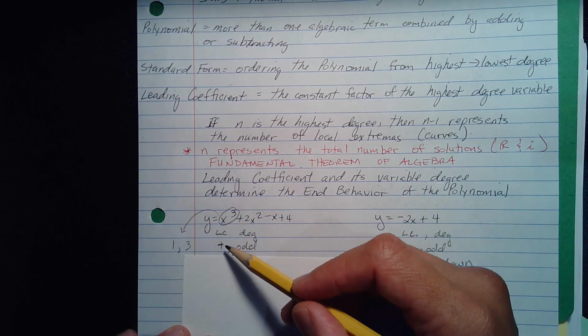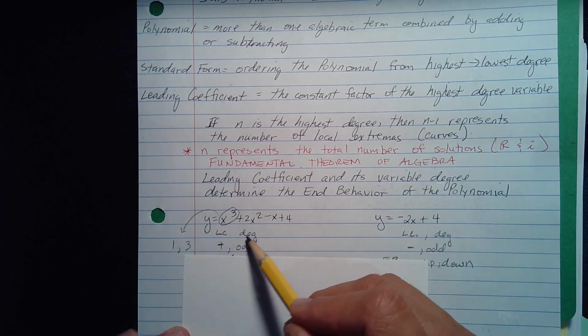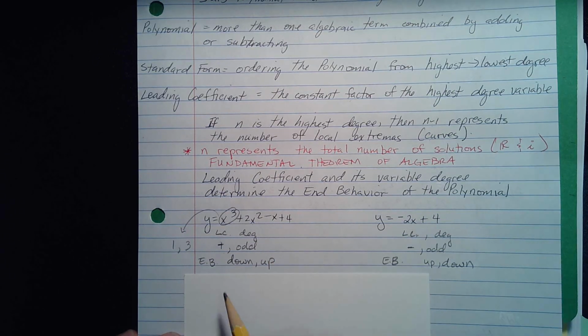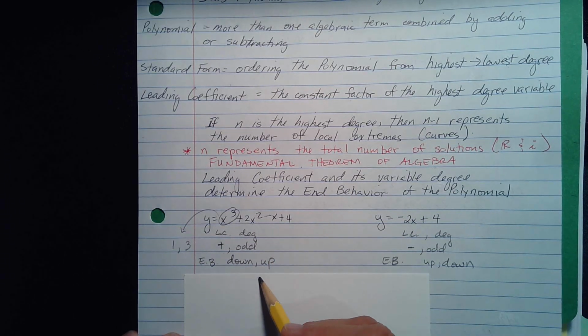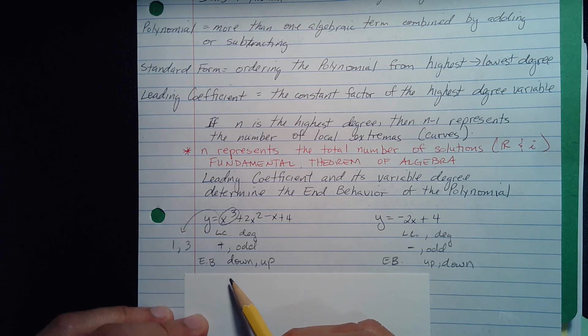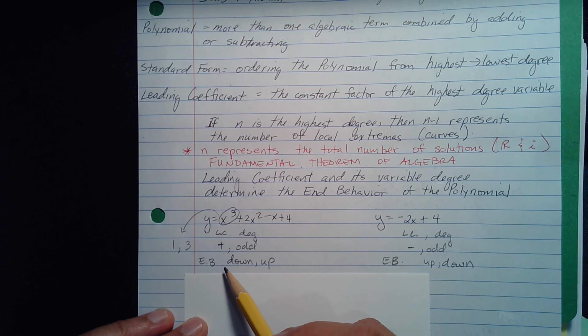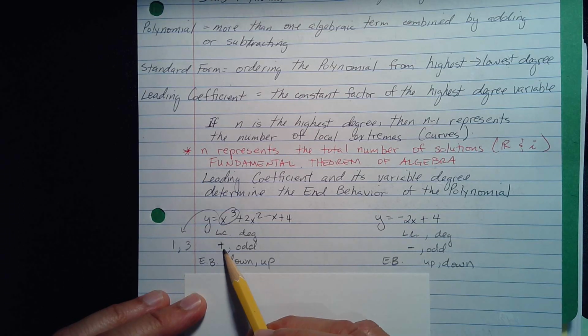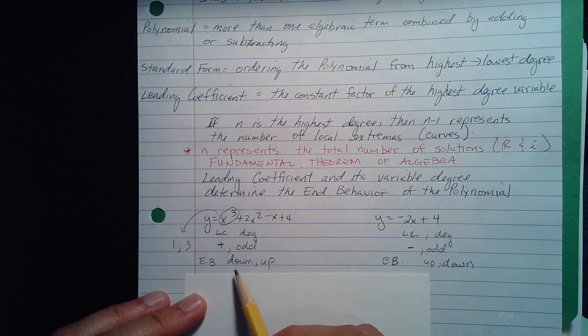When the leading coefficient is positive and the degree is odd, your end behavior is going to be a down-up end behavior. We're used to stating it in limit notation, and we'll do that later. But just to let you know, when you have a positive odd, you'll have a down-up end behavior.